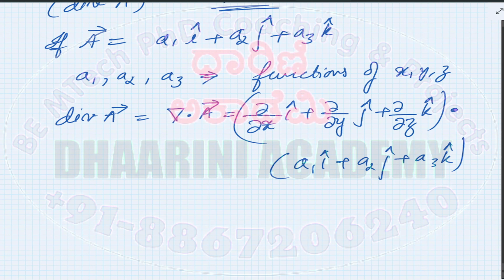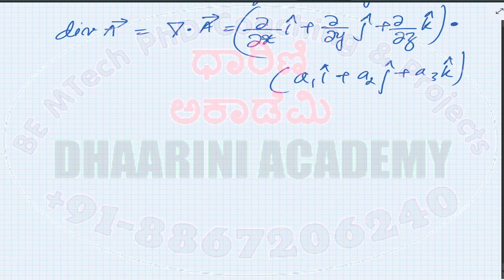Now we see that this is a dot product. I can apply dou by dou x to the term containing i only. So del dot a vector is equal to, there is a dot product that has to be denoted, I cannot neglect that.